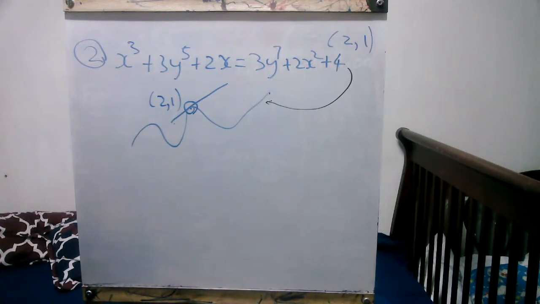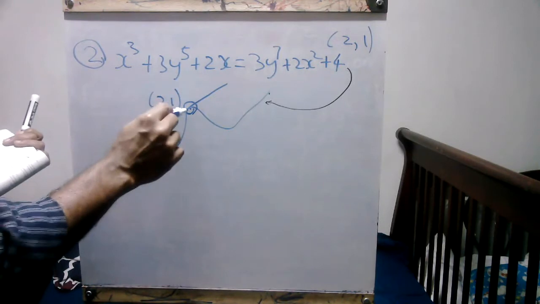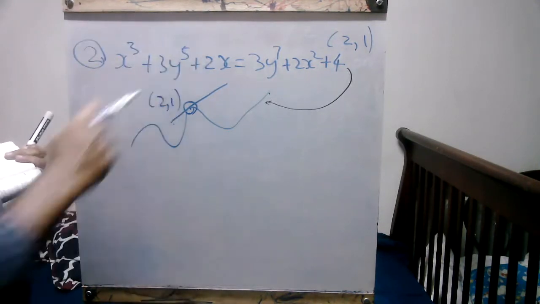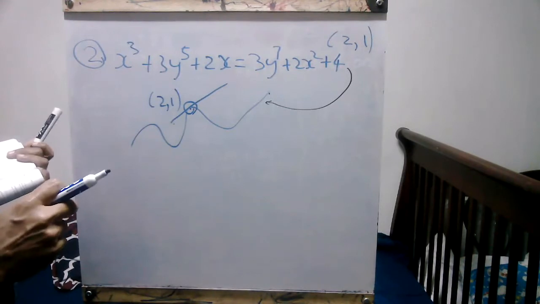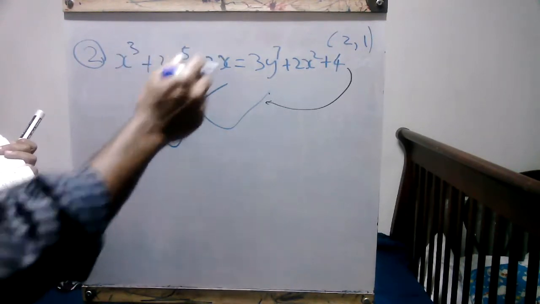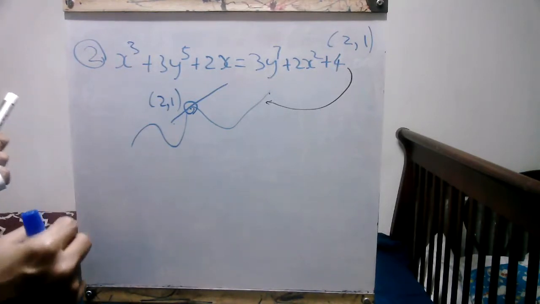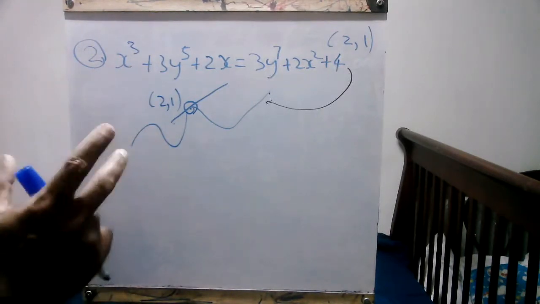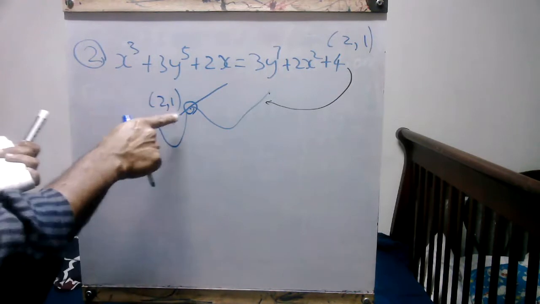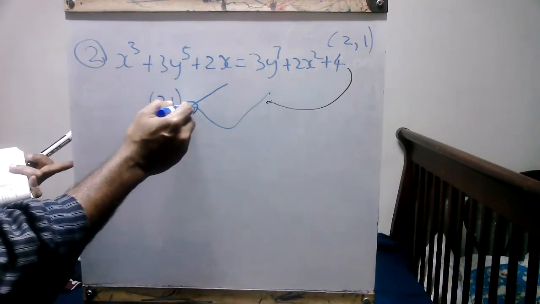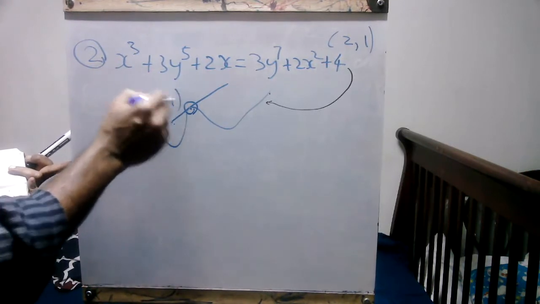So this is the method. Remember, at the time we do the equation of a line, this question I ask you frequently. To write the equation of a straight line, we need two things: the slope and the coordinates of one point. Now the coordinates of one point is given.